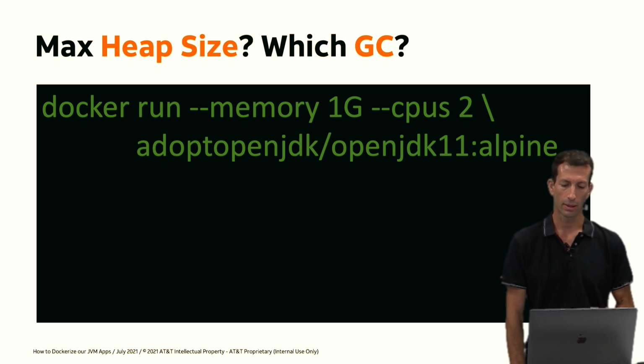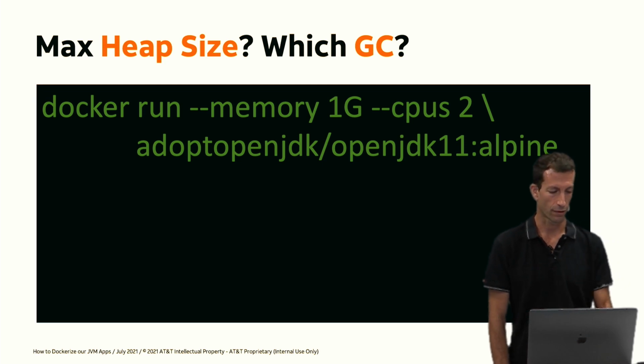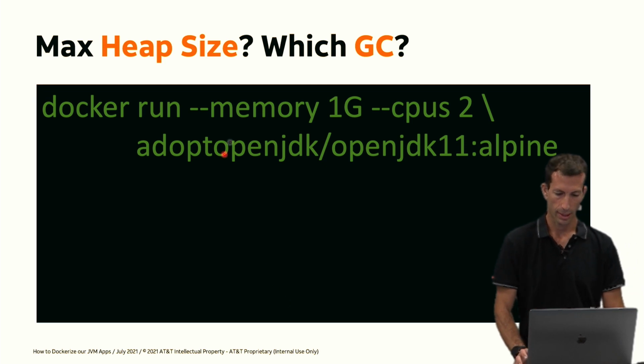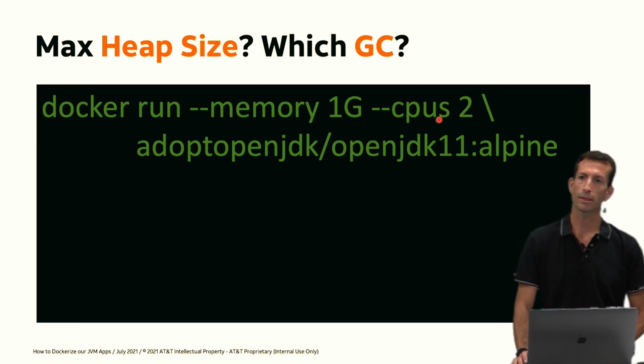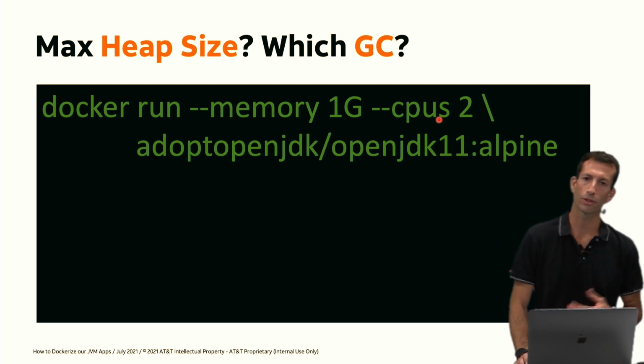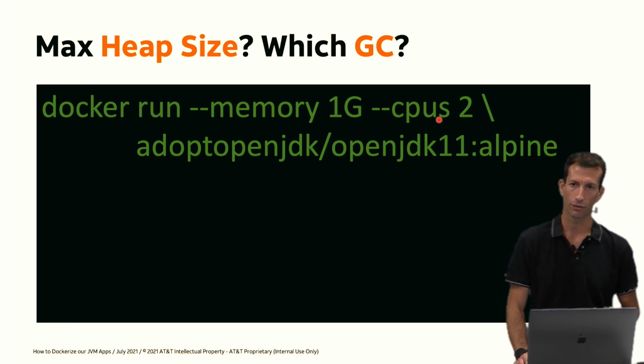I'm basically creating a container off of the OpenJDK 11 Alpine. But what's interesting here is that I'm specifying 1 gigabyte of memory and 2 CPUs. And I ask you, what is the max heap size here? And which garbage collector will be chosen for me?